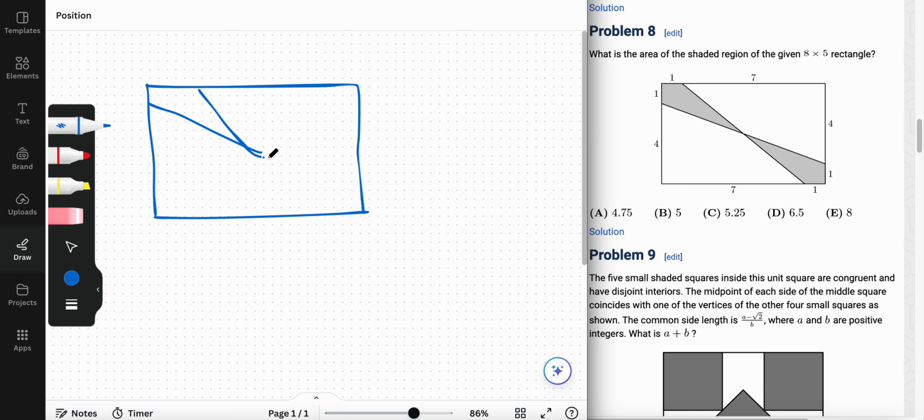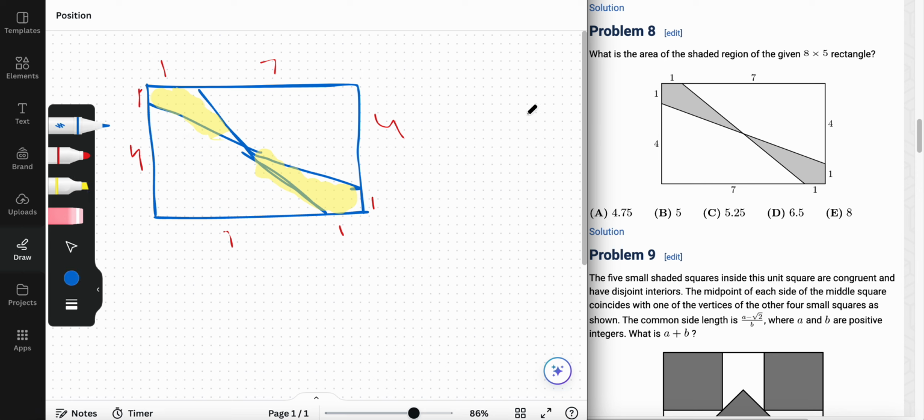Okay, and then something like this. Okay, obviously this drawing is not the best, but I think it's pretty decent. I think it gives a good approximation of this over here. And then I can shade this in.